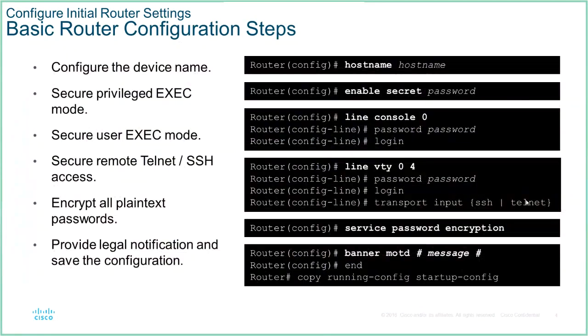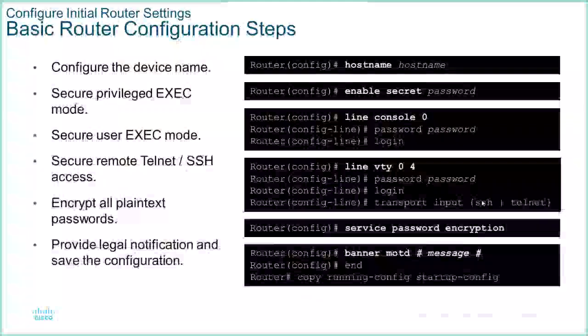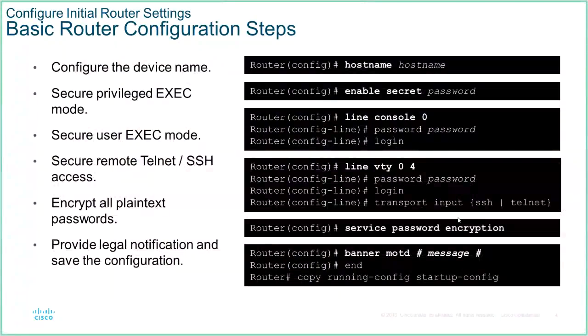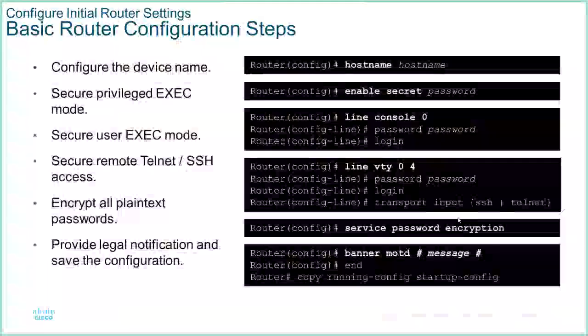The default is basically Telnet, which is unencrypted communications. It's always in clear text. SSH is the recommended connection because it's encrypted and gives us a bit of protection while remotely connecting.